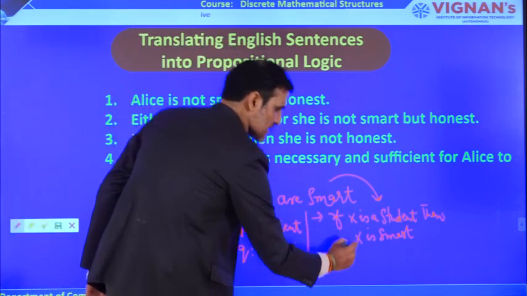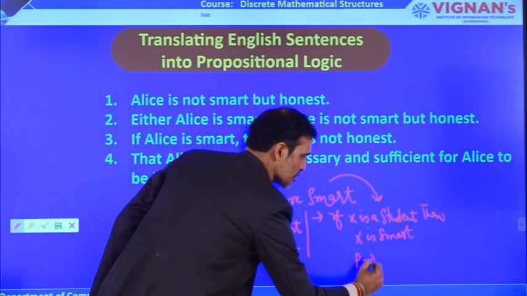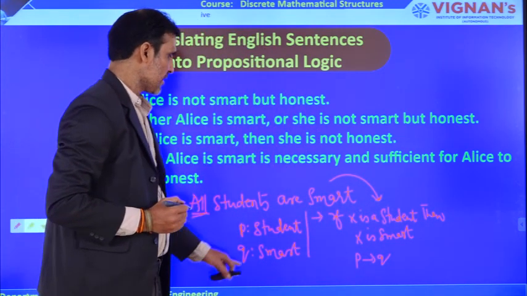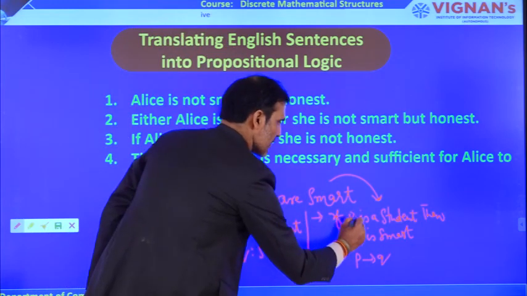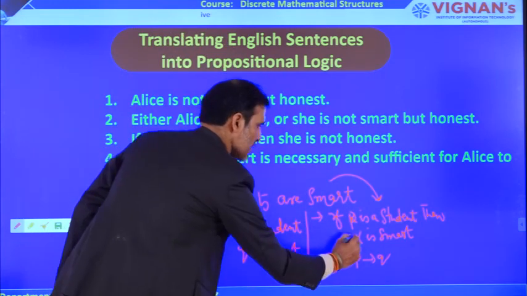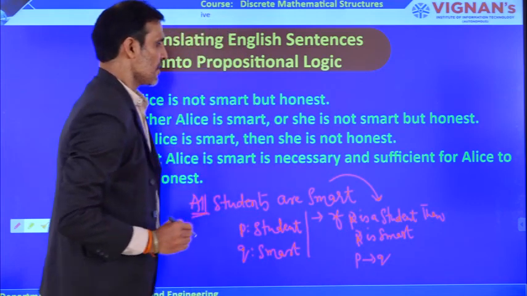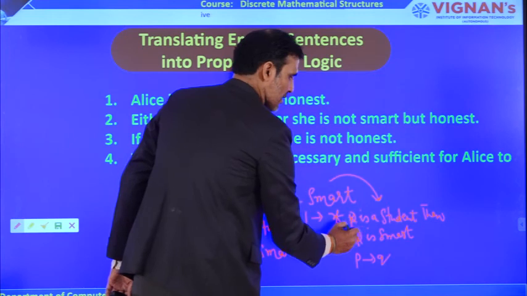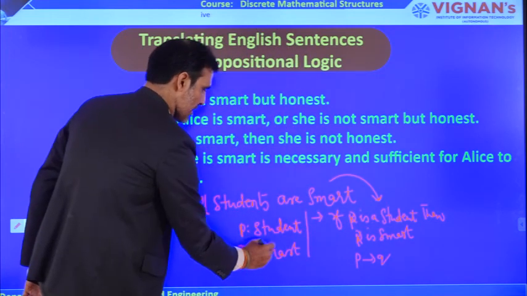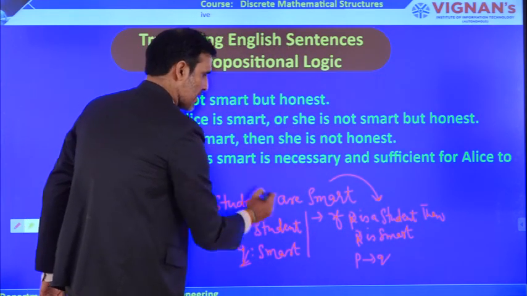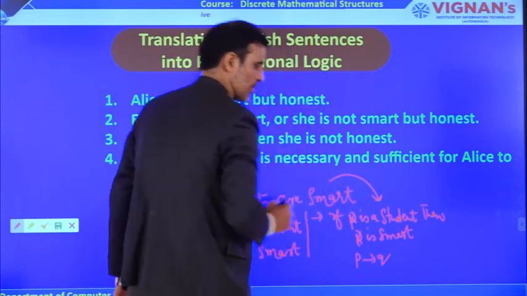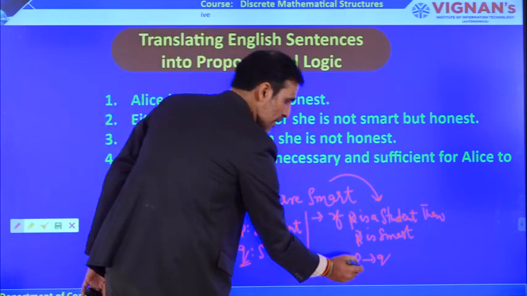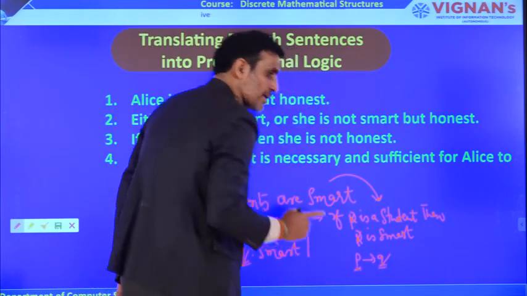Suppose I write P implies Q, where P is a student and Q is smart. P is a student, this is P, and P is smart, this is Q. P implies Q. But this does not hold for only one student, remember that.